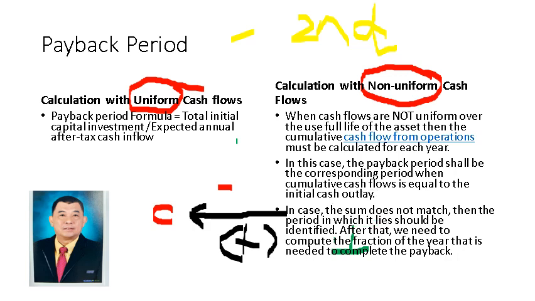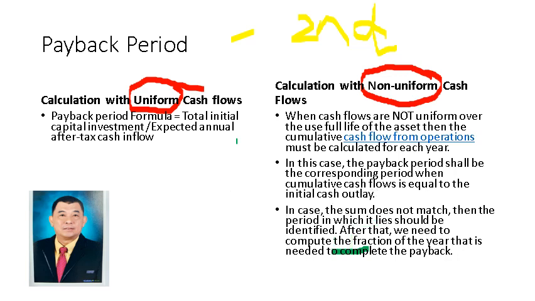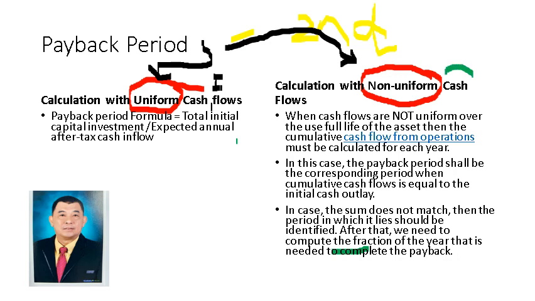Moving forward, in this payback period, you can see that we have to learn the different computations of a uniform cash inflow. This is inflow. And on the right side, there is a computation for non-uniform cash flow. So the cash flow we are referring to here are cash inflow.